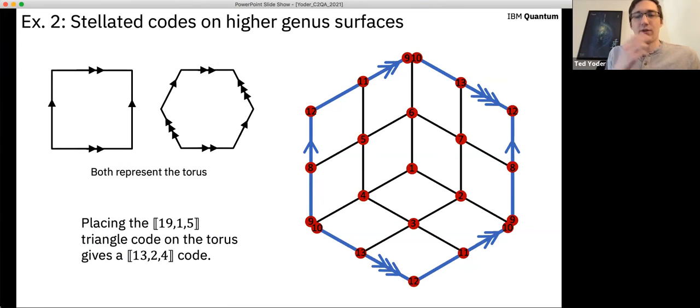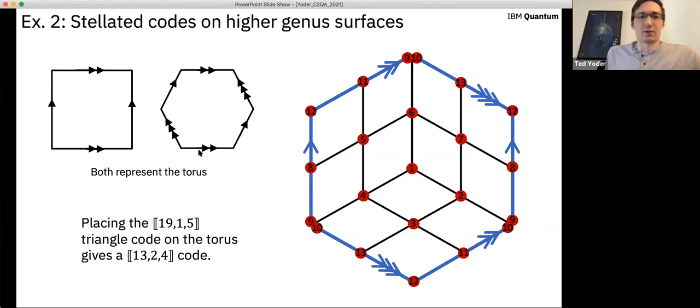Right, so continuing with some examples, I want to talk a little bit about these stellated codes. We saw examples very early on in the talk of what I called the triangular surface code. It's unclear why it's triangular, but there is threefold symmetry about the center. Earlier in the talk this was just in the plane, but now we can also put it on the torus.